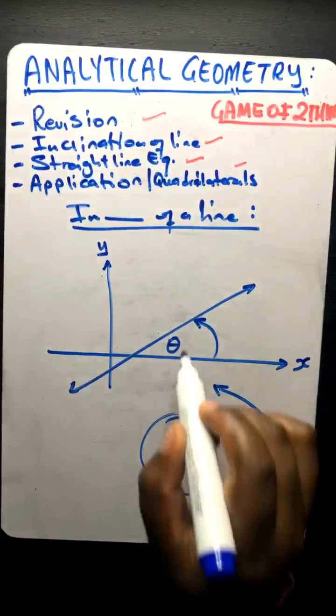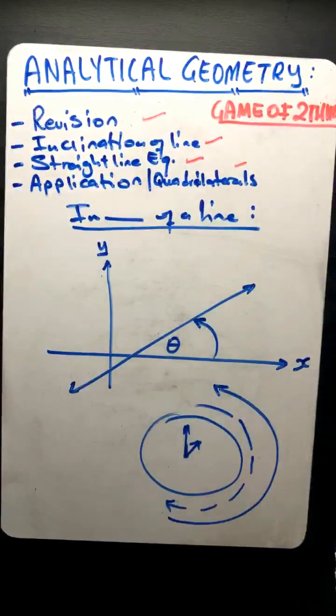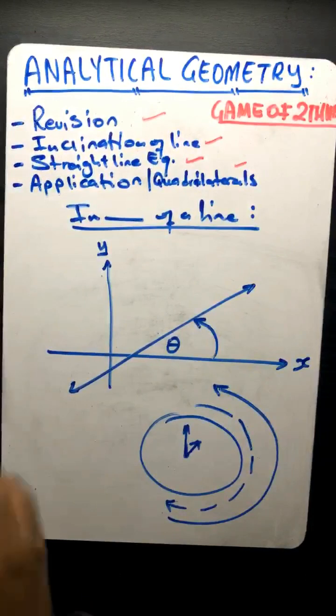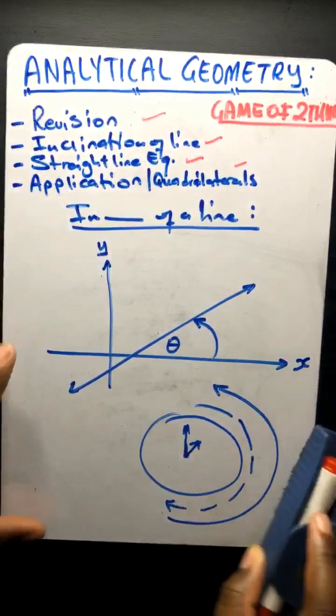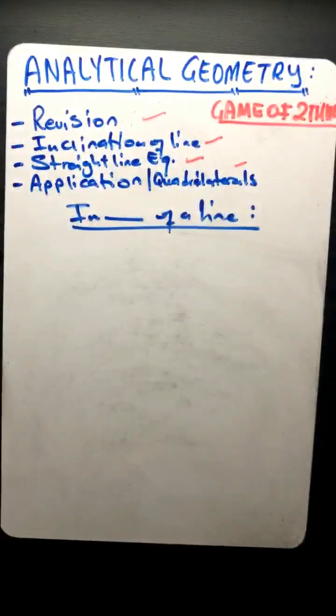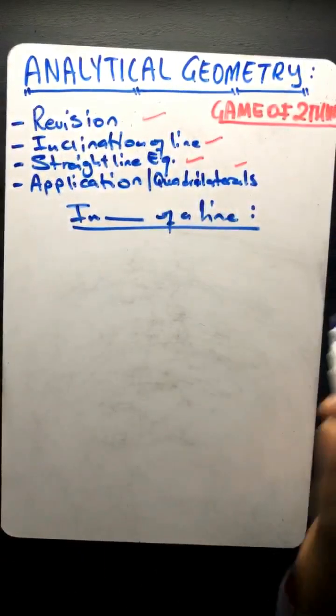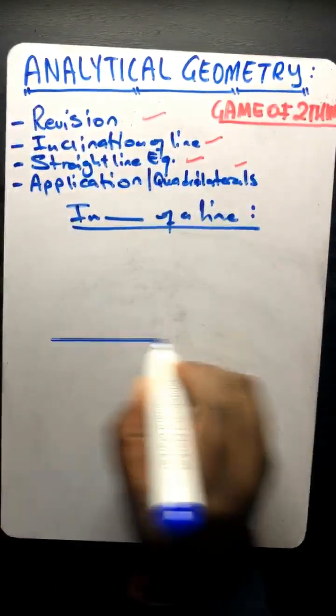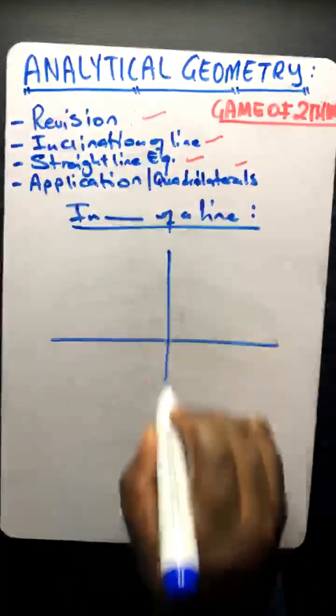So this is what we call an angle of inclination. Remember, this lesson is being recorded and is going to be posted tomorrow where you guys can catch up. So that was the first example that you needed to be aware of.